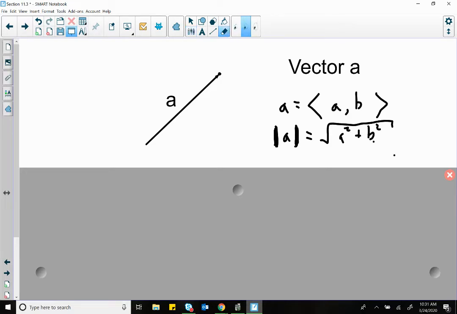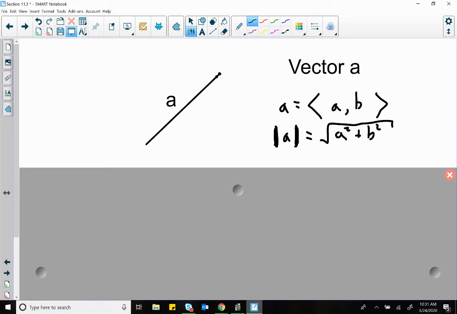It looks like the Pythagorean theorem, because the magnitude is the distance of your vector. Those are some main pieces.